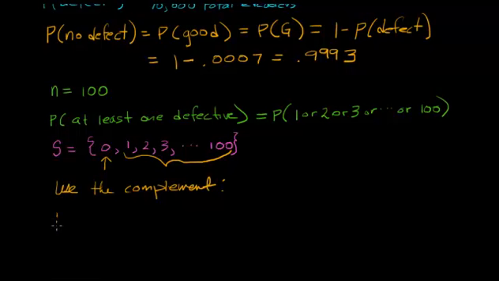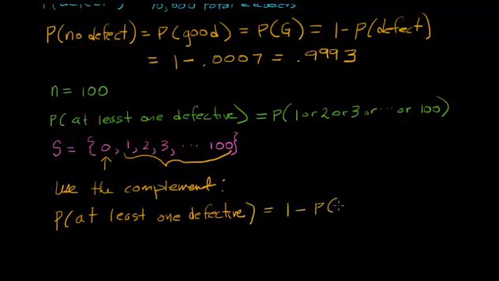Okay, so the probability at least one defective will equal 1 minus the probability that none are defective.